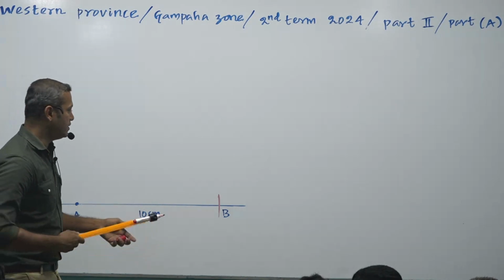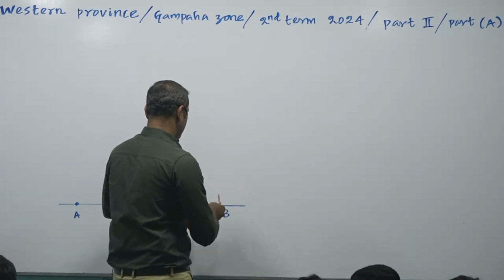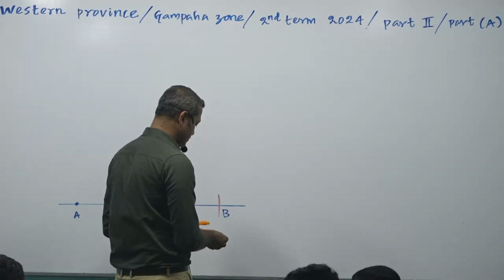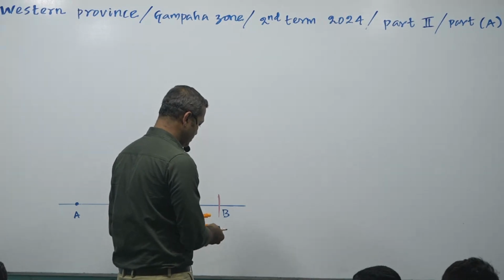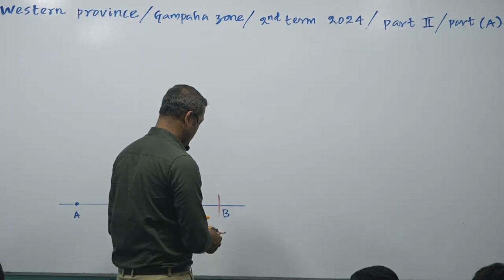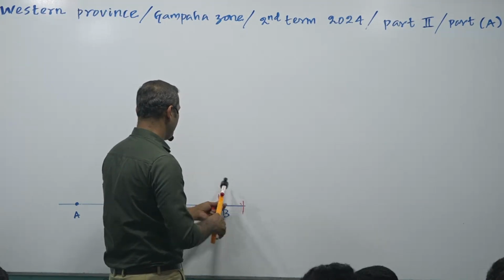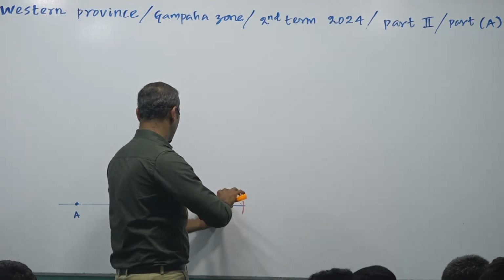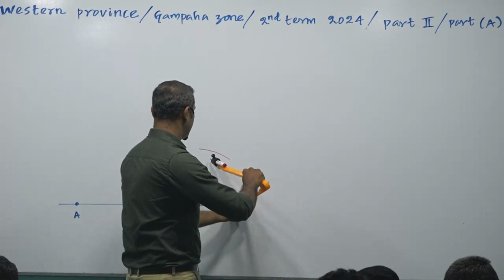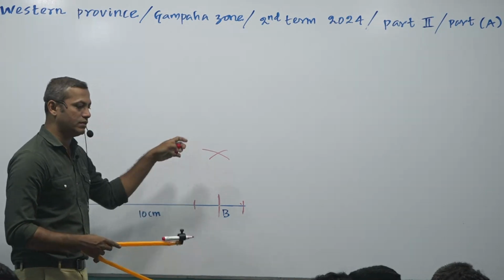Yes? 90 degree angle at B. You know how to draw a 90 degree angle? Draw two arcs either side and have two cuts at the top.